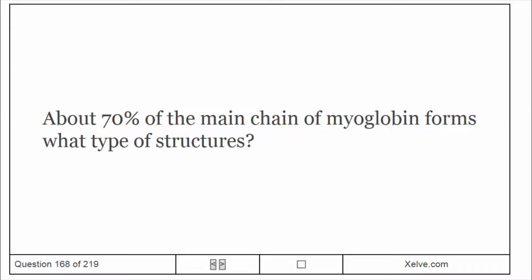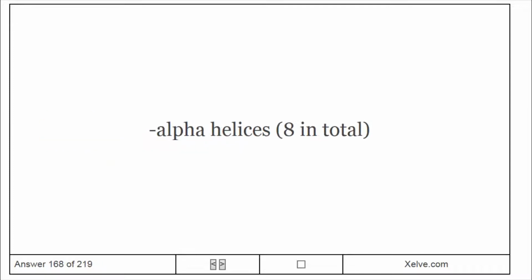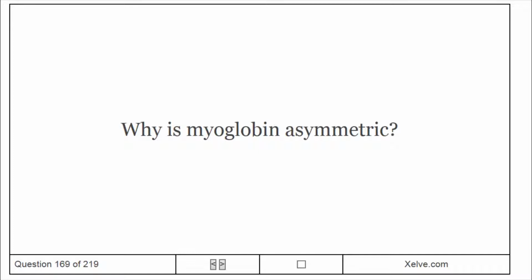About 70% of the main chain of myoglobin forms what type of structures? Alpha helices. Why is myoglobin asymmetric? Due to the complex folding of its main chain.